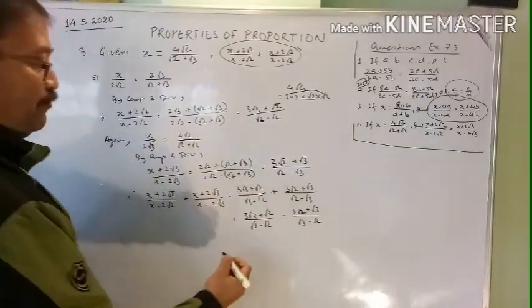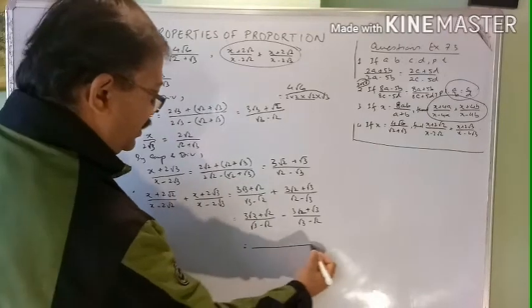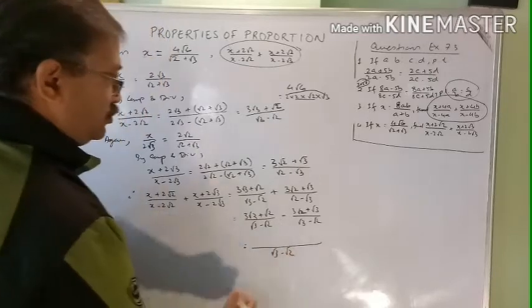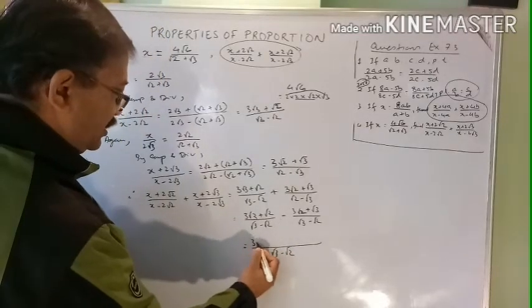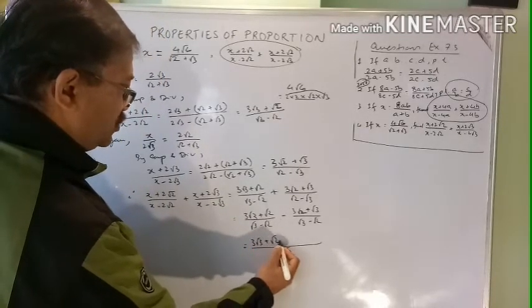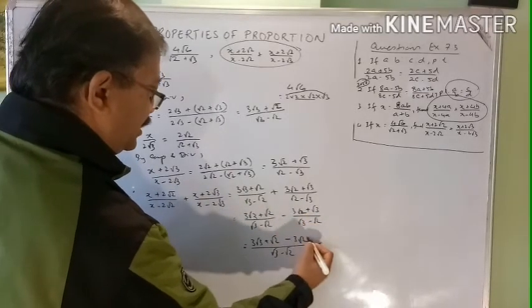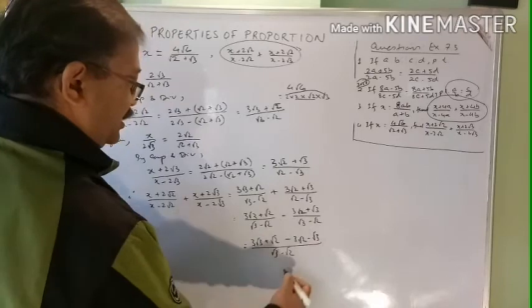Now if you take LCM, LCM is root 3 minus root 2. So this will come as it is, 3 root 3 plus root 2, minus 1 will change the sign, so 3 root 2 plus root 3 with the sign changed.